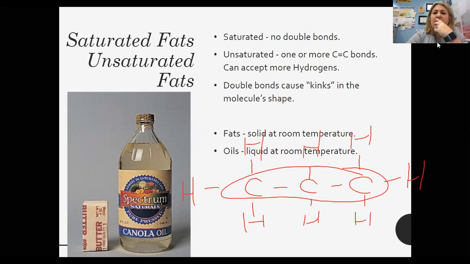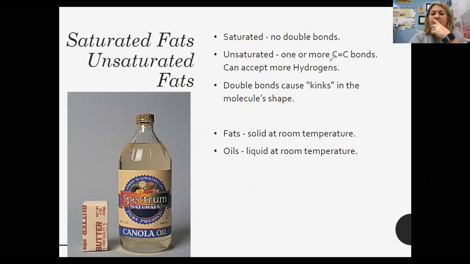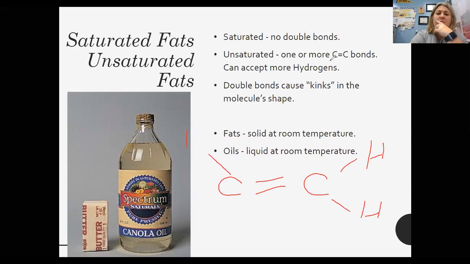Now, an unsaturated fat is a little bit different. An unsaturated fat does have multiple bonds. So you end up with something like this. In this case, all the bonds are taken, but notice you don't have the maximum number of hydrogens that you could normally have if it was single bonds.